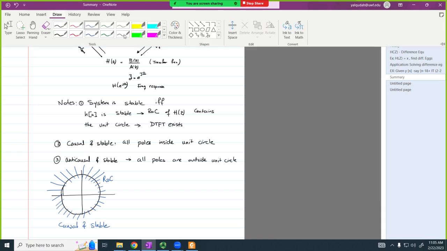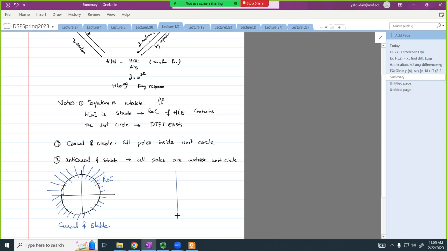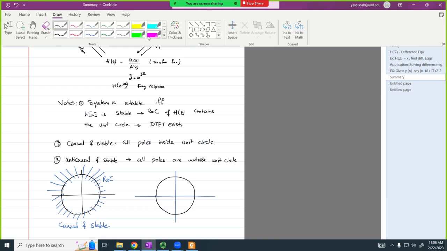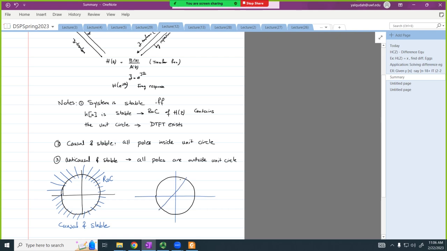And if the system is anti-causal and stable, then all the poles have to be outside the unit circle. So in this case, my region of convergence is going to be something like this. Remember, the region of convergence, if the system is causal, is going to be to the outside.